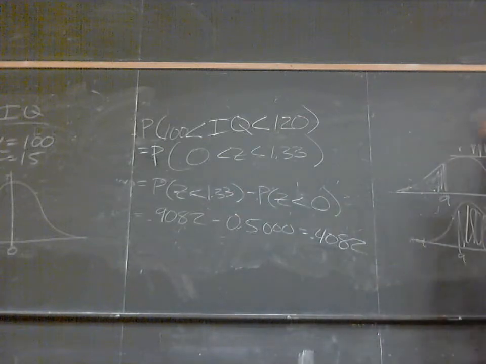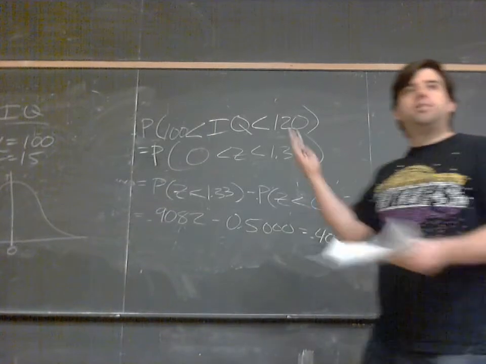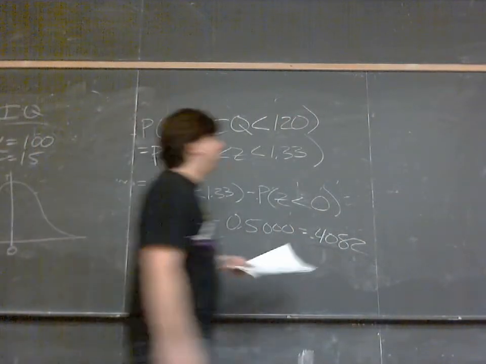So in both these questions, I gave you an IQ, and you had to convert it to a z-score to find the probability. What if instead I had given you a probability and asked you what IQ corresponds to that? We call it a percentile. A percentile is what percent of people your IQ is higher than, if we're talking IQ percentile.